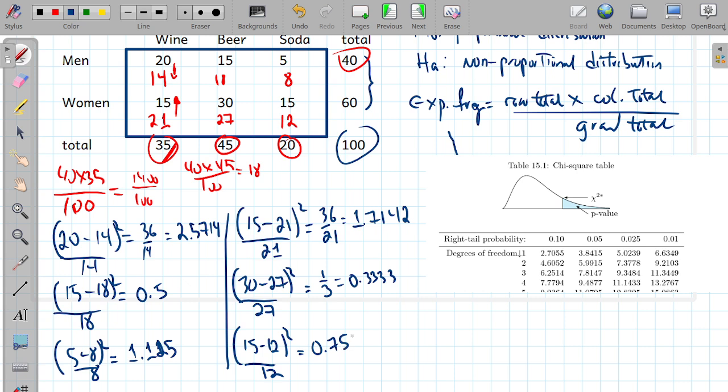There we go. All right, if we sum all of these, what do we get? Let's find out. Plus 0.333 plus 0.75 plus 2.5714 plus 0.5 plus 1.125 gives us a test statistic of 6.9940.